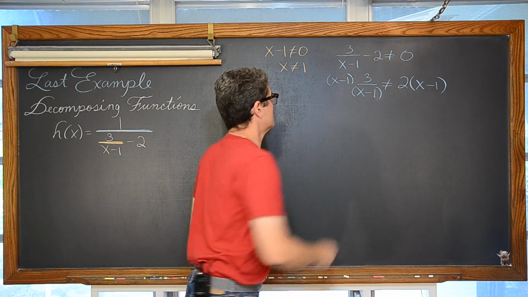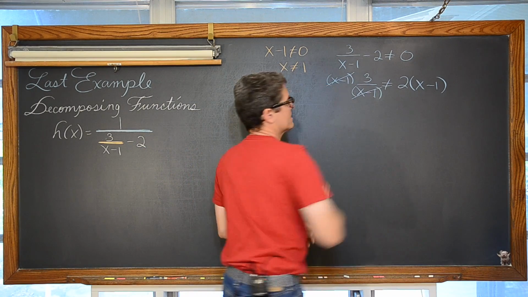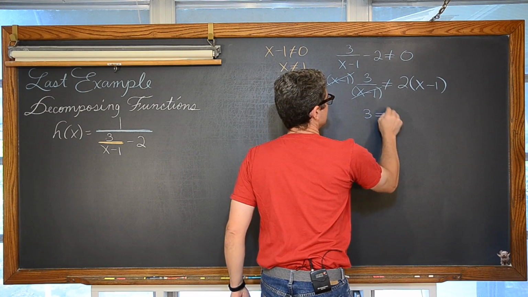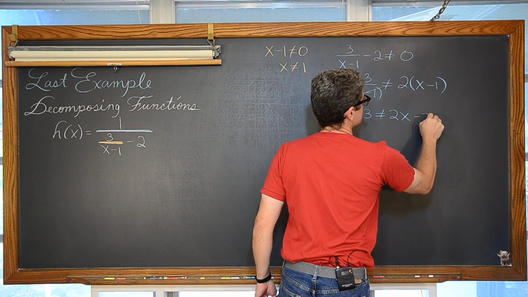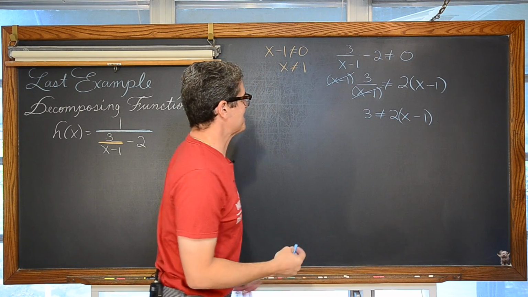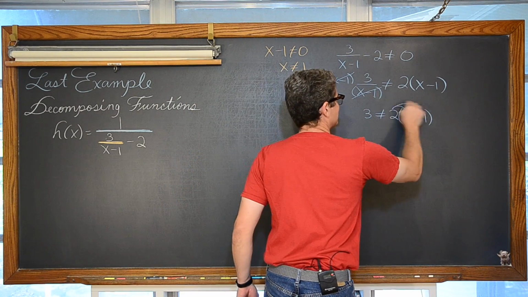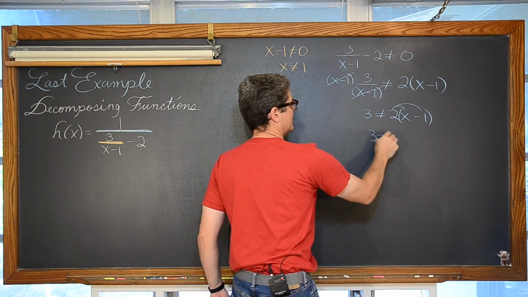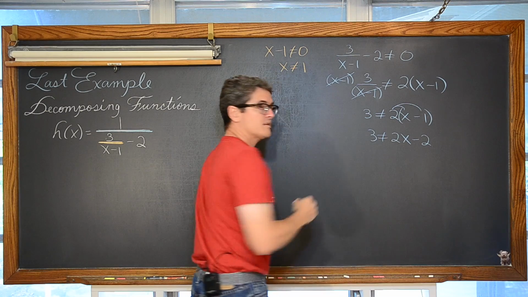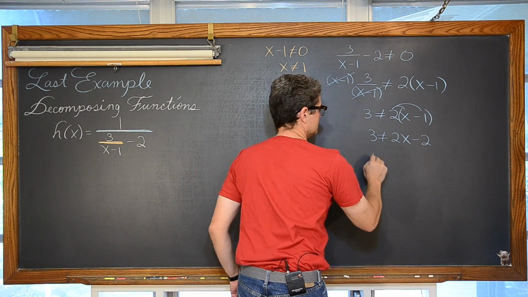So x minus 1 divided by x minus 1 is just simply 1. So we have 3 is not equal to 2 times x minus 1. Distribute that value of 2, and we get 3 cannot equal 2x minus 2. Add 2 to both sides to undo that subtraction.